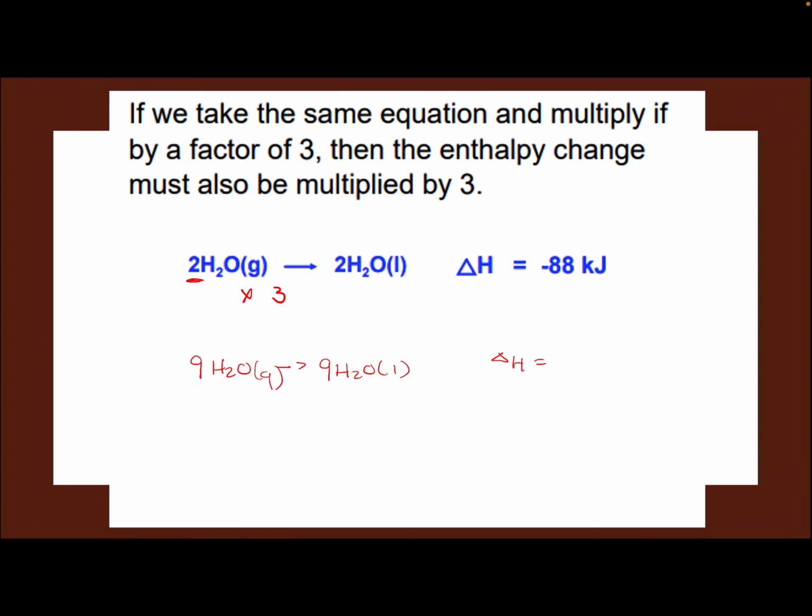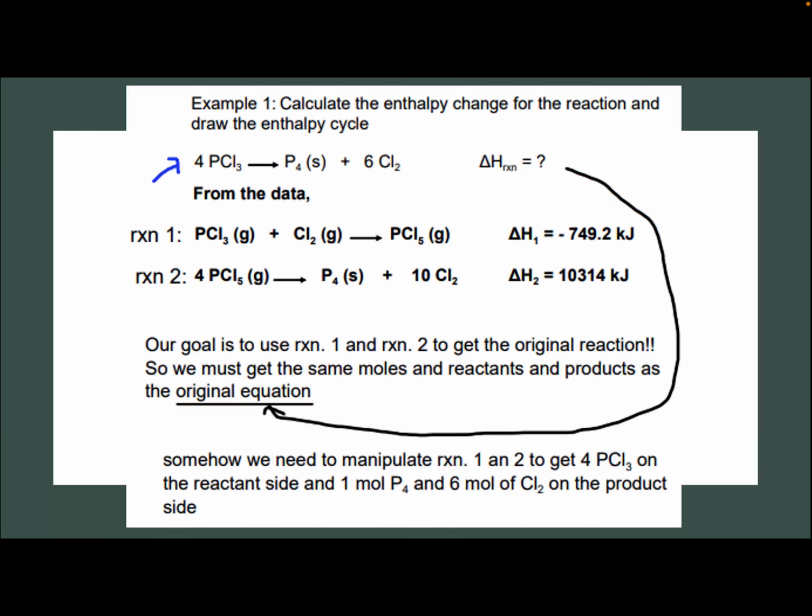Therefore, our change in enthalpy, we're going to have to also multiply, okay? So if we multiply, we'll get negative 792. That's because we are changing the enthalpy of the situation, and that is what we have to get. The reason we got 792 is because this is a 9, so we have to multiply this also by 9. Okay? And that is how we get our change in enthalpy.